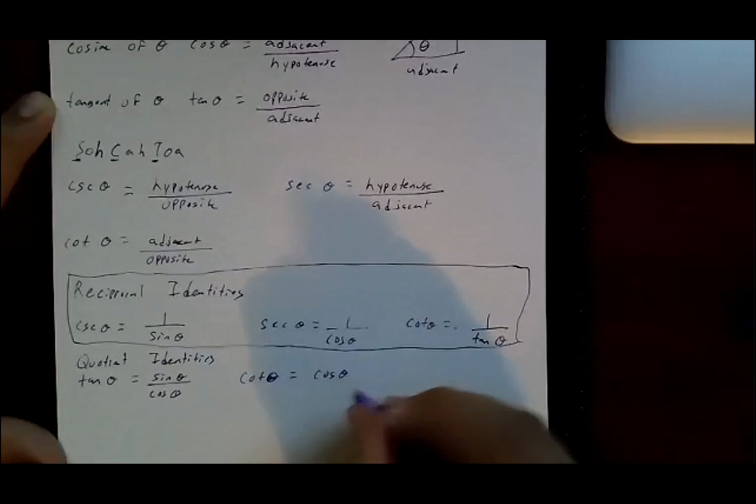And the Pythagorean identity is this guy. This is probably the most important one. It's going to derive a bunch of others later. Sine squared theta plus cosine squared theta is equal to 1.